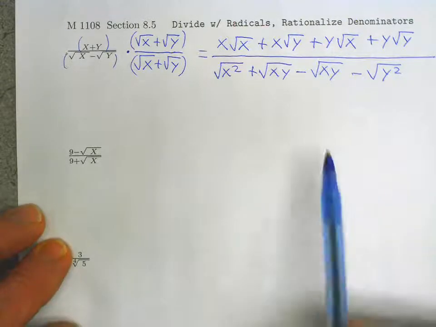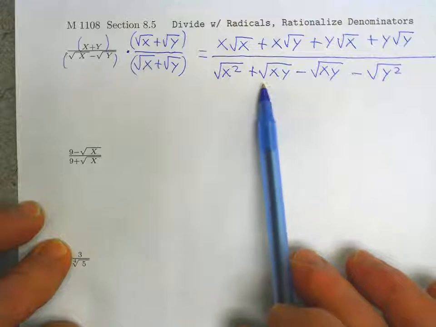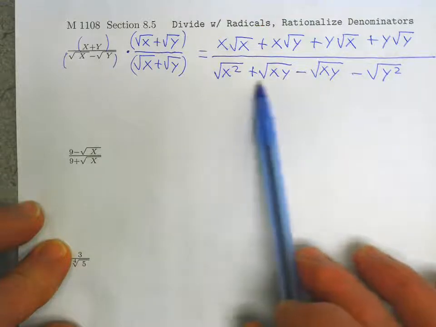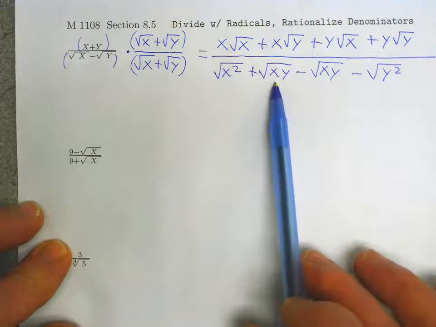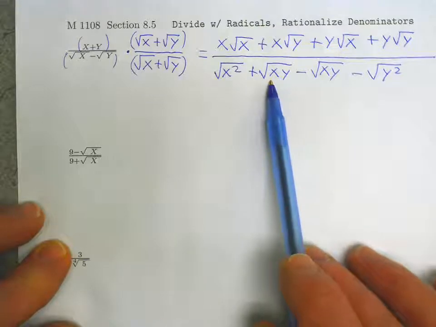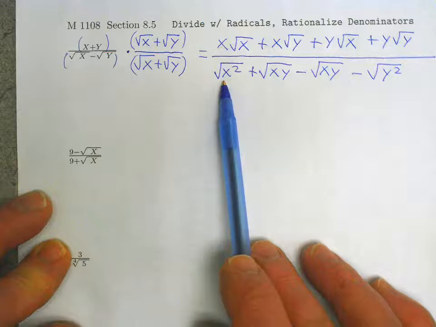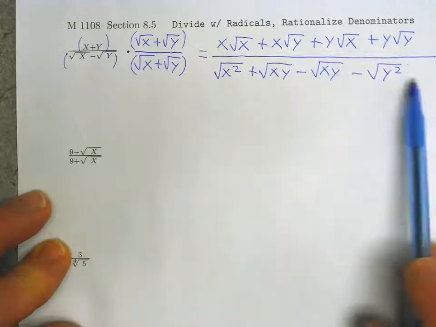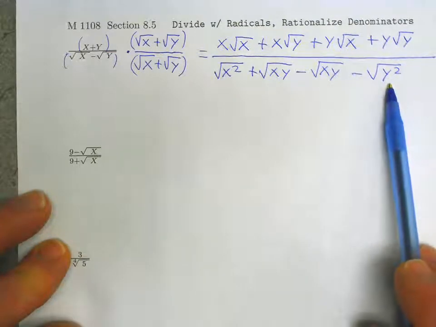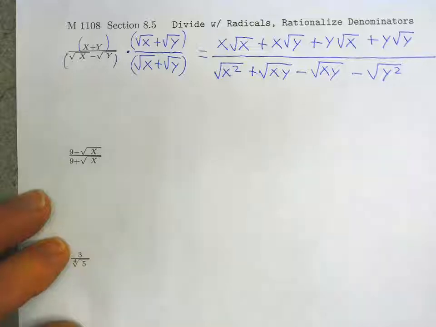We can simplify more in the denominator. The two middle terms cancel each other out. Plus the square root of xy minus the square root of xy is 0. And then the square root of x squared simplifies to x, and minus the square root of y squared simplifies to minus y.